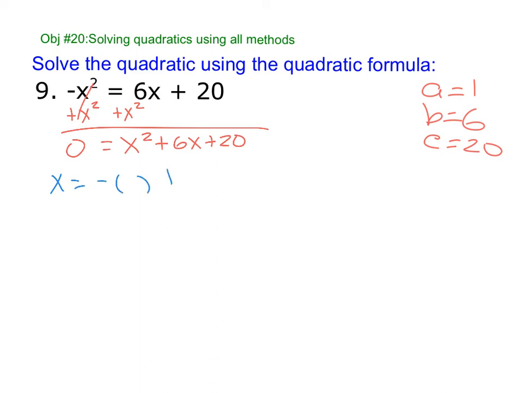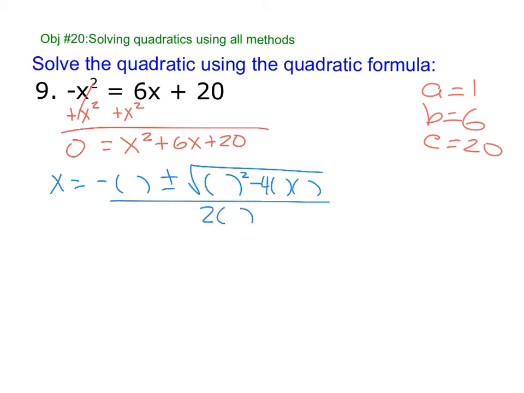Negative b, plus or minus the square root of b squared minus 4ac all over 2a. Negative 6 plus or minus square root all over 2. Let's see what we get there. 6 squared minus 4 times 1 times 20 gives us a negative 44.